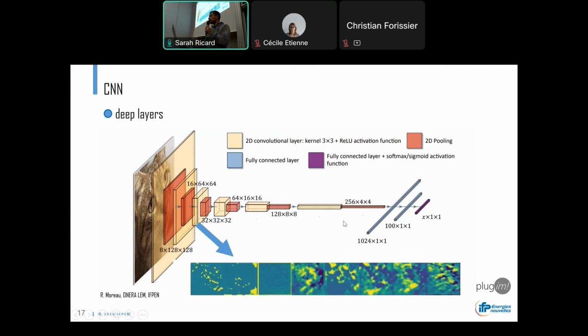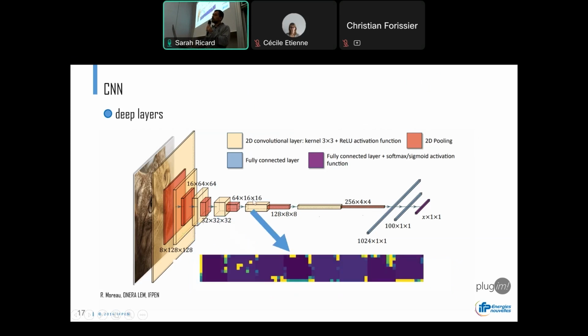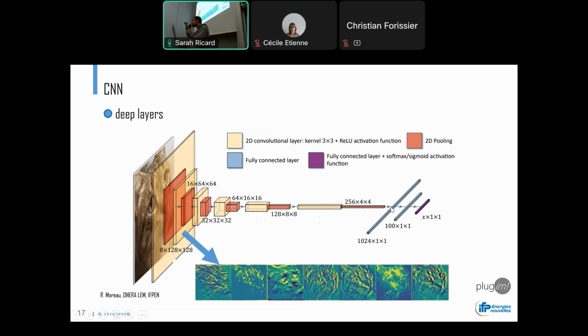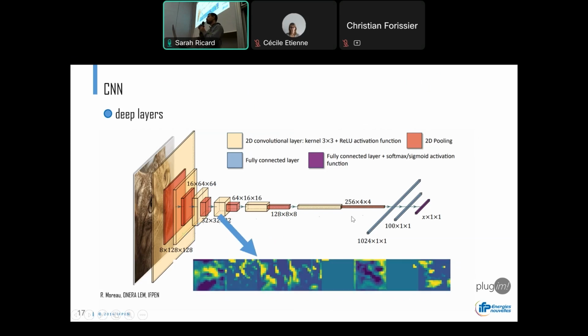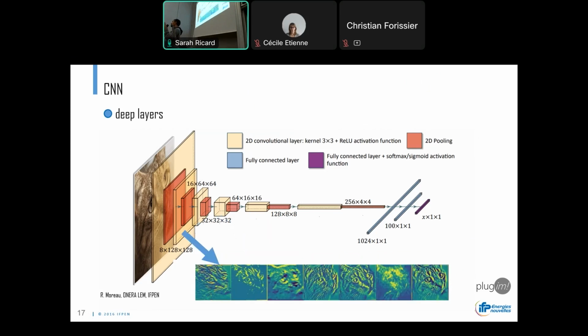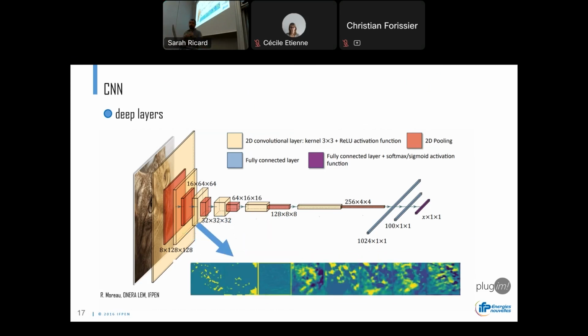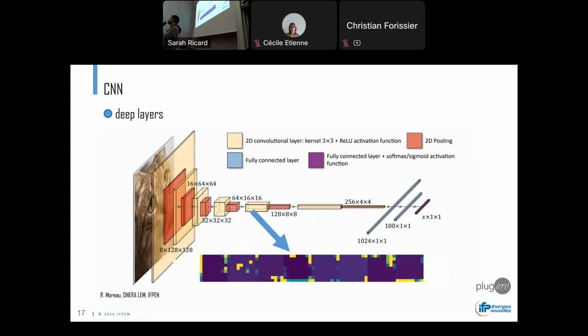So if you go from the vector and you go in reverse in your architecture, it's like you go from 1 pixel and you increase the size of your pixel. So the number of layers corresponds to the size of what you are able to see for each pixel. For instance, if you have only 1 convolution, for 1 pixel, you are able to compute only information from the neighborhood.